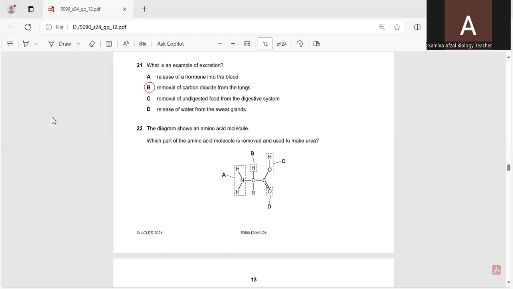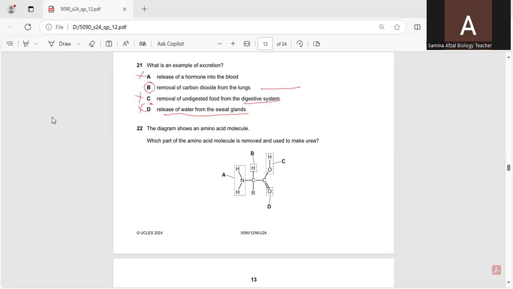Removal of undigested food from the digestive system. This is egestion. Release of water from the sweat glands. So again, A, C, and D, not the correct options. Only B is the correct option, in which carbon dioxide is the waste product. When it is removed from the lungs, then this is an example of excretion.